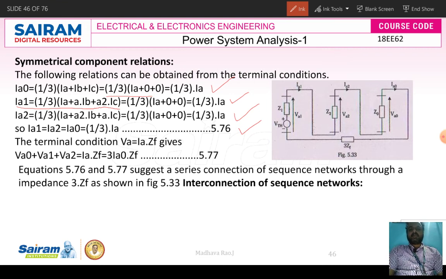So we know that VA is equal to IA into ZF. So the sum of the remaining voltages VA0, VA2 and VA1 will be equal to 3 times VA, so 3 into IA0 into ZF. Okay. Here also we can see the interconnection of sequence networks. So here Z1, Z2, Z0 will be in series with 3 into ZF. Okay. So fault impedance is ZF, right?